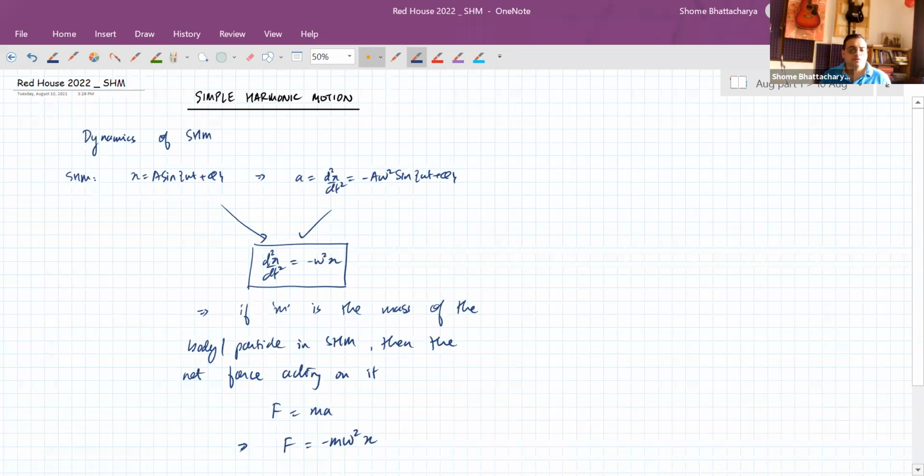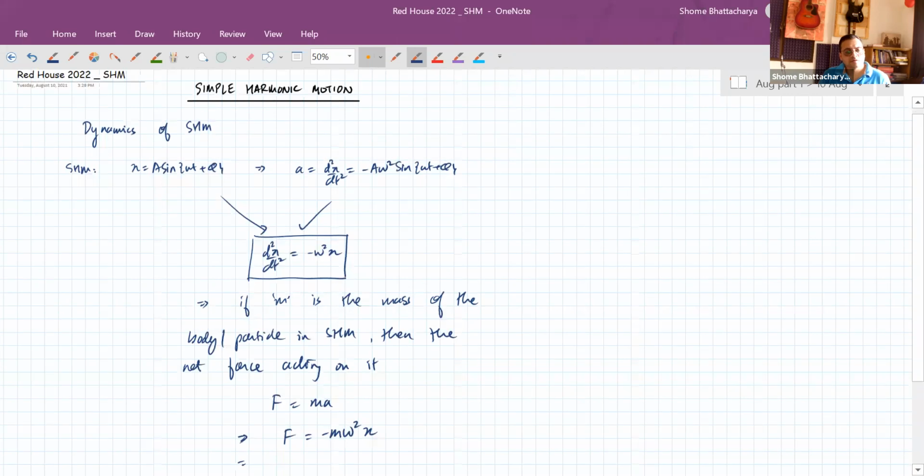Or we can write this equation as F is equal to minus kx, where k is some kind of a positive physical constant. So this is what we call the dynamical condition for SHM.